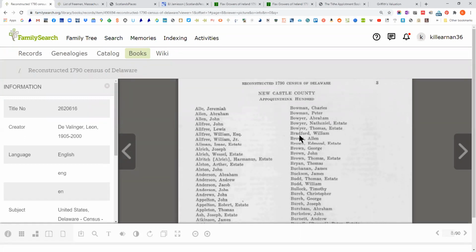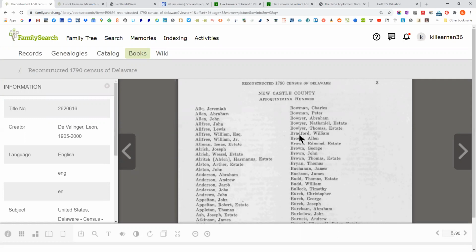I've seen lists like this where they've reconstructed the census, but only for men. And if there were women who were widows who were the head of the household, they might have been in the tax list, but they're not put into the compiled substitute. Because that was one of the decisions made when they decided to do the compilation.